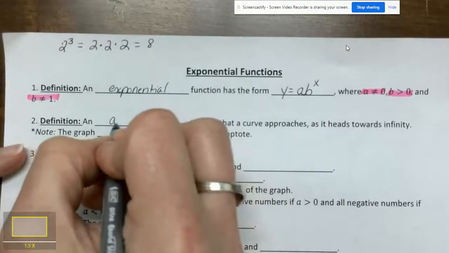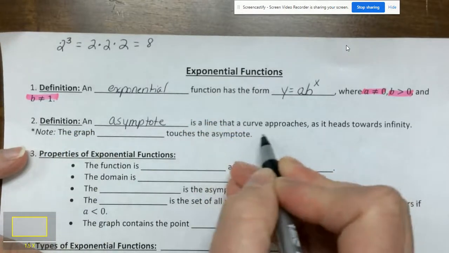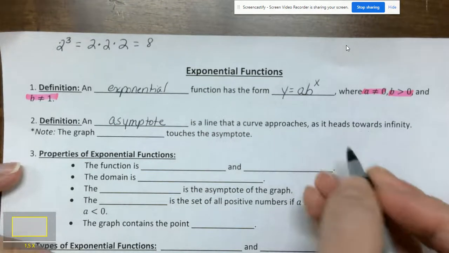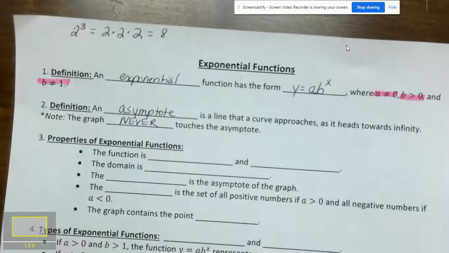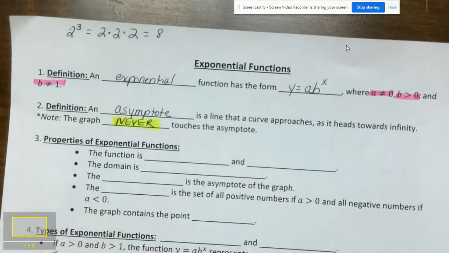All right, so we also need to learn, and I talked a little bit about this earlier, about an asymptote. An asymptote is a line that a curve approaches as it heads towards infinity. In other words, the graph never touches the asymptote. The graph will never touch the asymptote, okay? Never. That's a key thing there, okay?